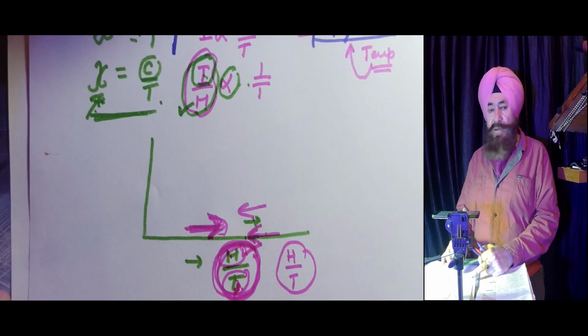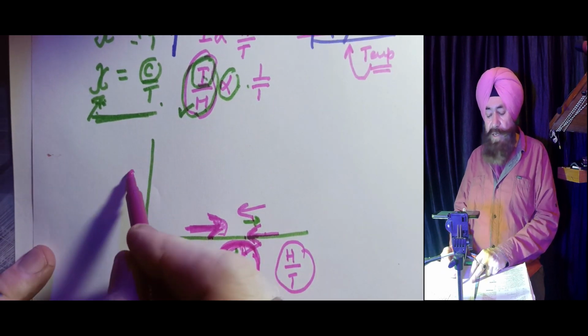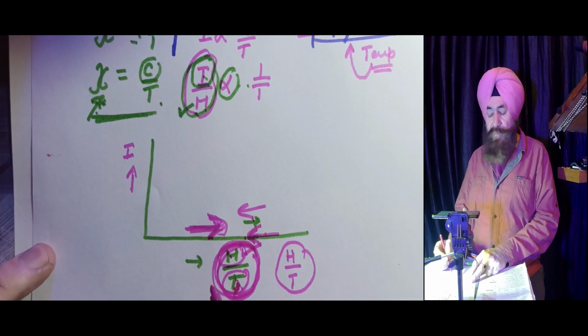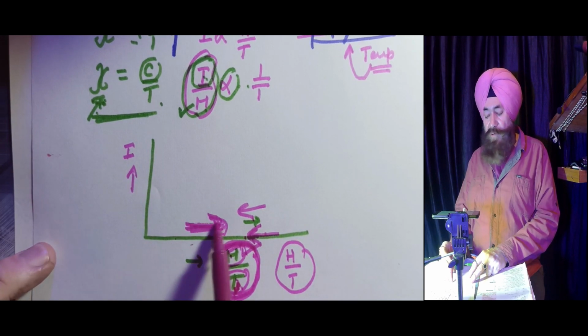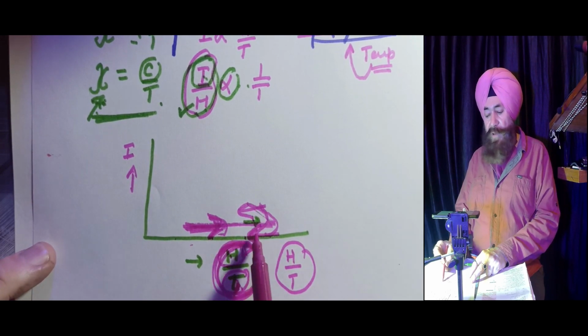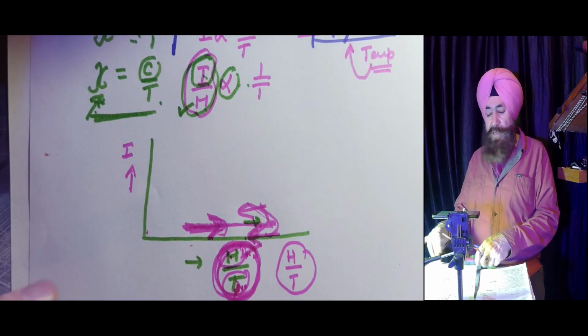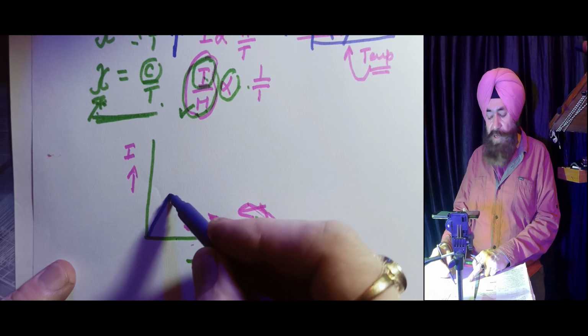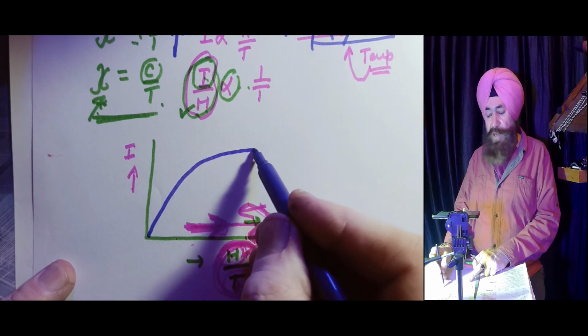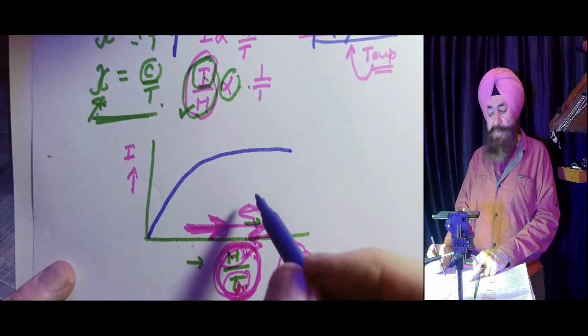Remember this. Second, here I have I. If you go along this side, meaning increasing H or decreasing T, the intensity of magnetization first increases, then becomes constant.